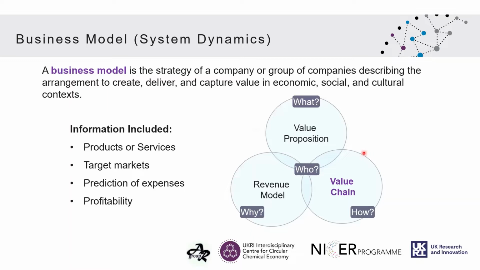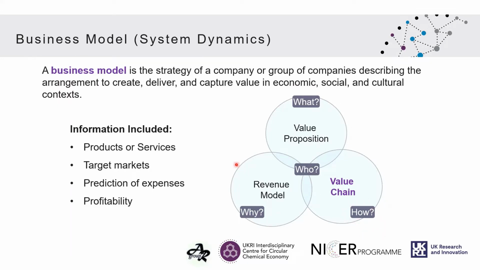So there is a value, a good that we are providing, that generates some revenue, either social, cultural, or economic, and is formed through a value chain. So we need different levels of information. We need to provide what we are doing, why we are doing it, who is doing it, and how we will move it forward.